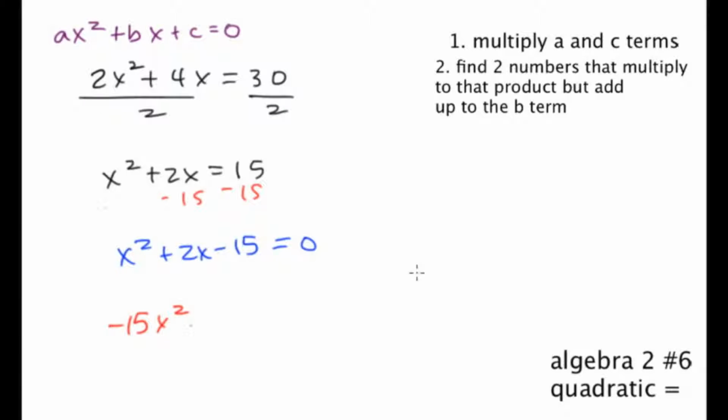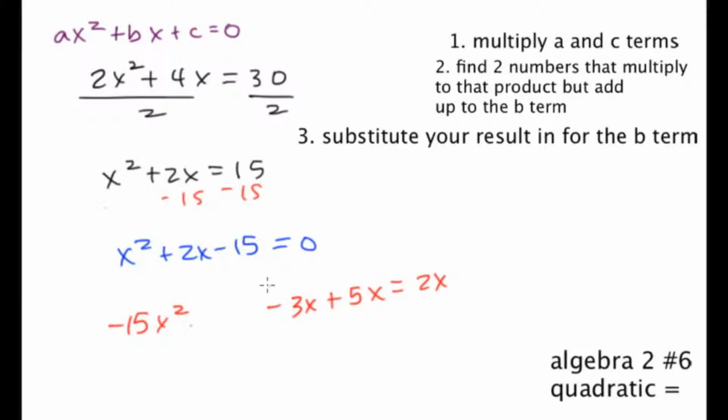And I can see two numbers immediately, and that's negative 3x and 5x, because if you multiply them, it's negative 15x squared, but if you add them, it's plus 2x. So negative 3x plus 5x is 2x. Now what we can do is substitute your result in for the b term.